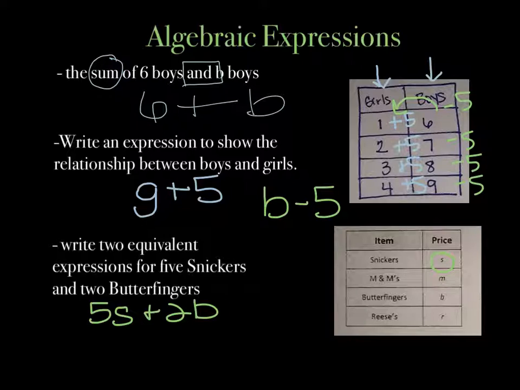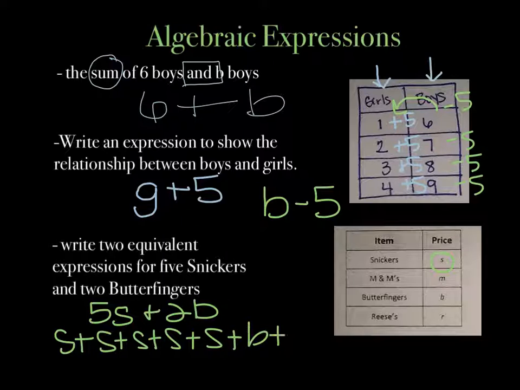Or this is like the cashier at the checkout lane. You might have someone who types it in faster by multiplying, or you might have someone that adds up each one individually. So you would take a Snickers plus a Snickers plus a Snickers plus a Snickers, and then plus a Butterfinger and plus another Butterfinger. Both of those are equivalent expressions.